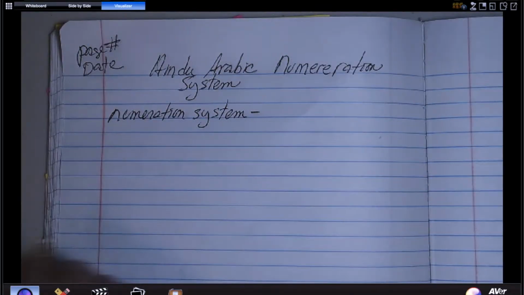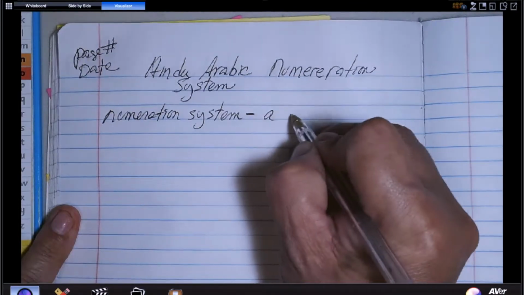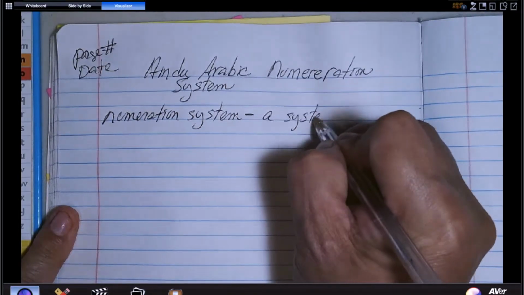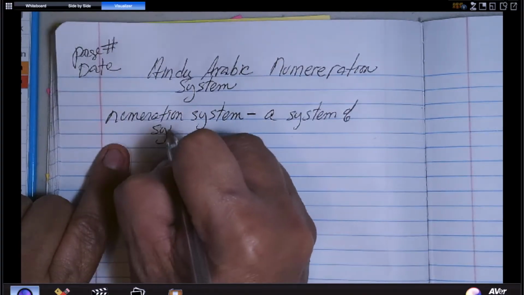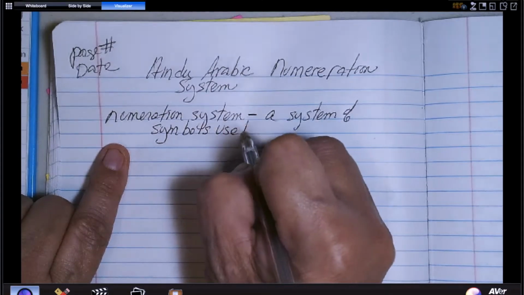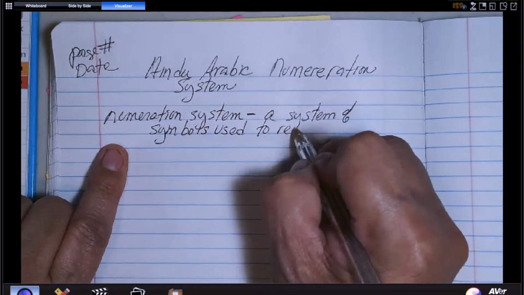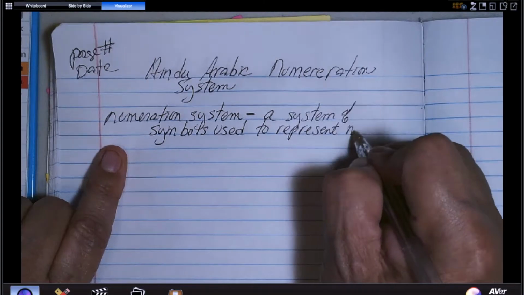So let's go ahead and write that down. So the numeration system is a system of symbols used to represent numbers.